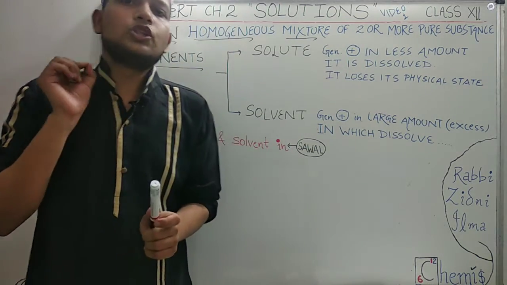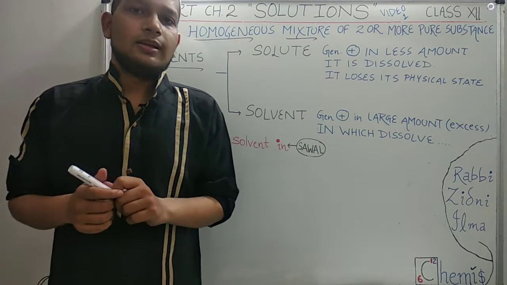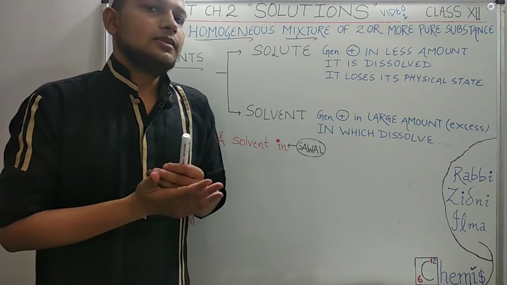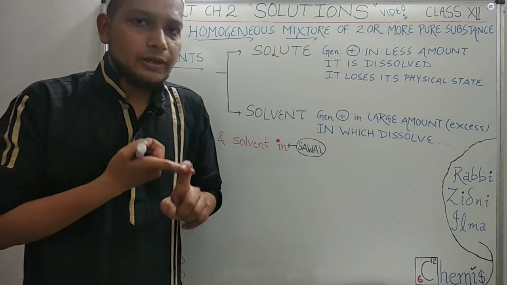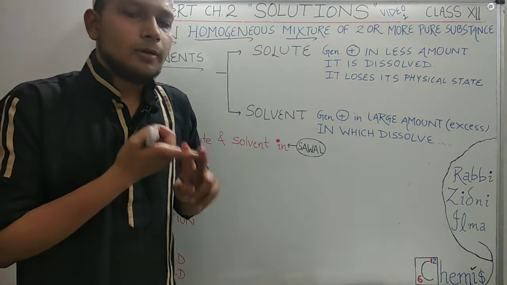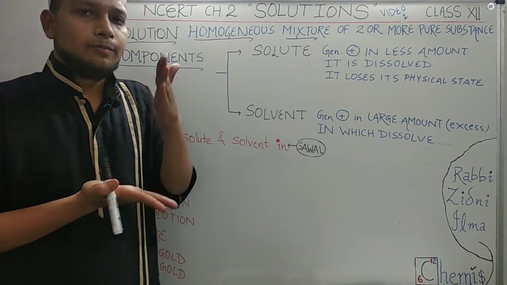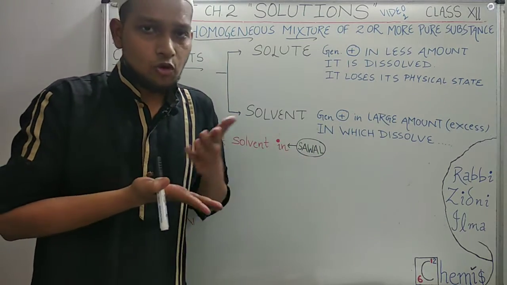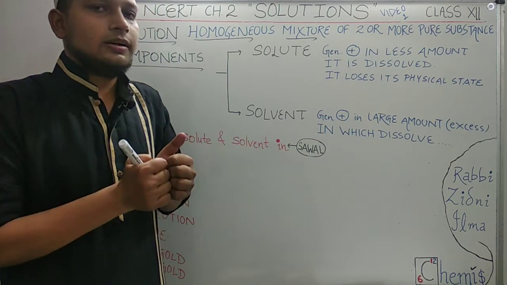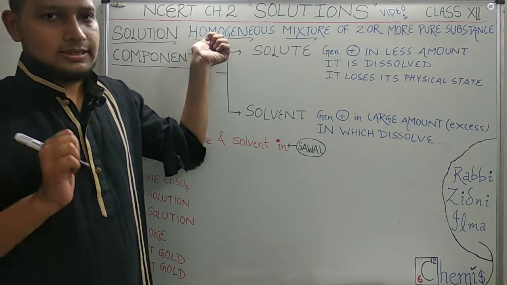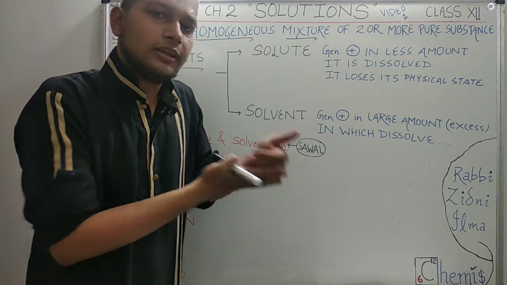What is a solution? The simplest definition in chemistry, having just 2 words, is homogeneous mixture. Any particular mixture which contains 2 components, and these 2 components get dissolved with each other, then we can say it is homogeneous. It could be 2 or more than 2.